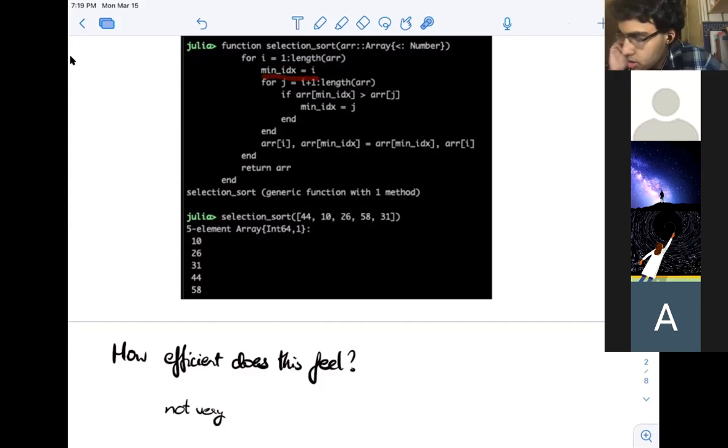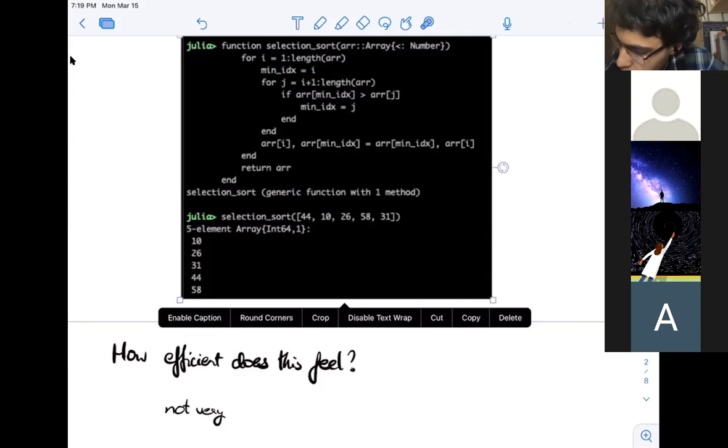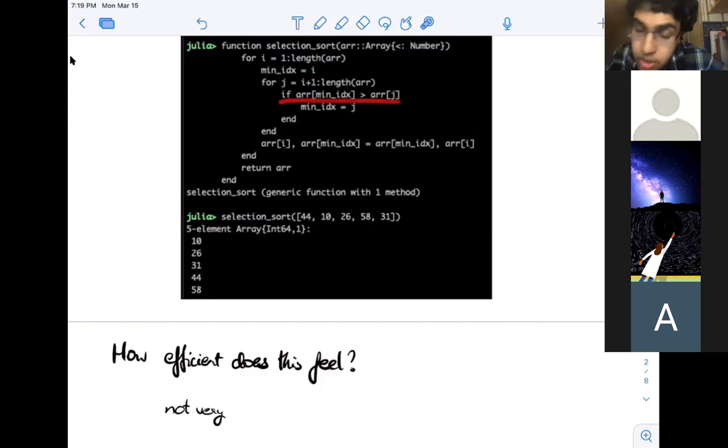I'm saying the minimum index is the one I'm starting on and looking to that element's right. And so I have to check, on the first iteration, 1 million things. And on the second iteration, I have to check 999,999 things. The third one, I have to check that minus 1 more. So you feel like you're repeating a lot of work.